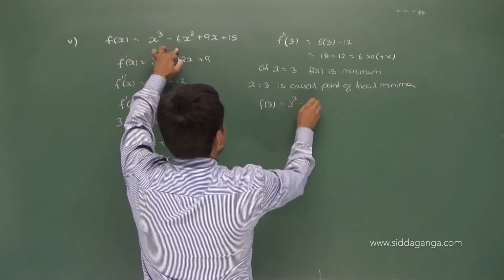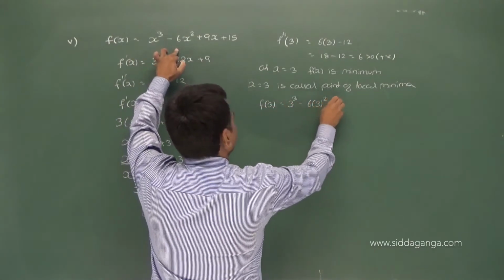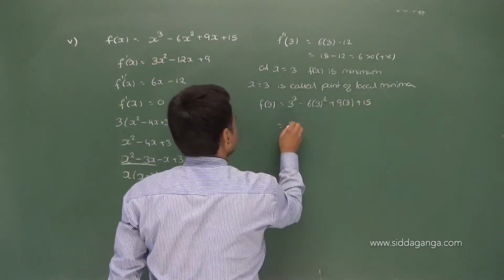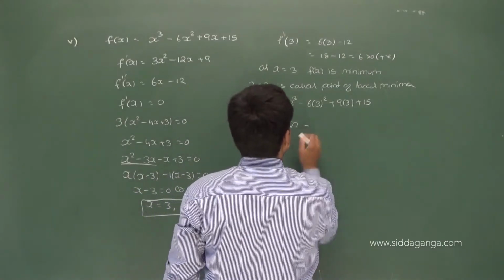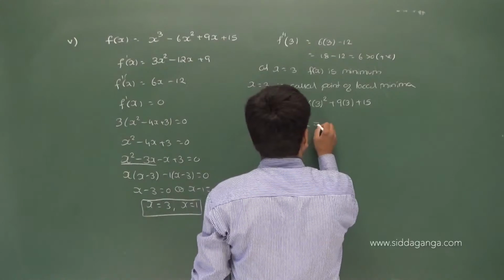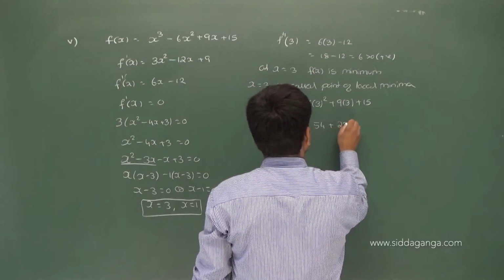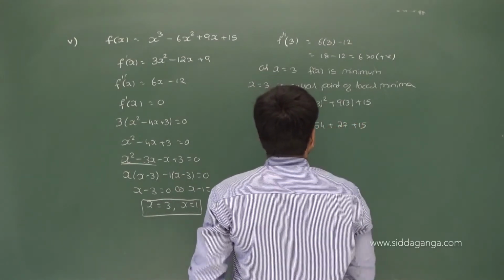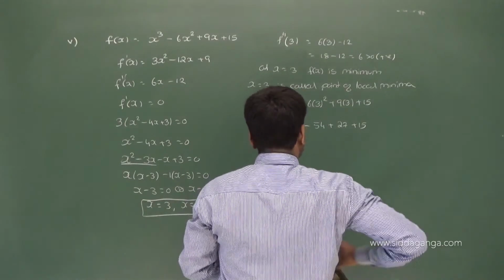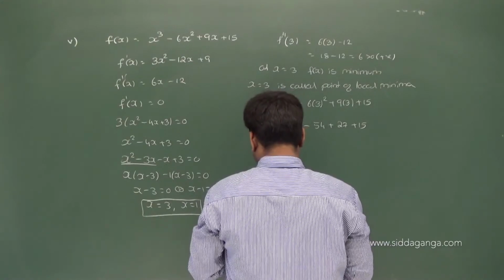3 cube minus 6 into 3 square plus 9 into 3 plus 15. 3 cube is 27 minus 9 into 6, 54, plus 27 plus 15. So you calculate all the values. This is very important.